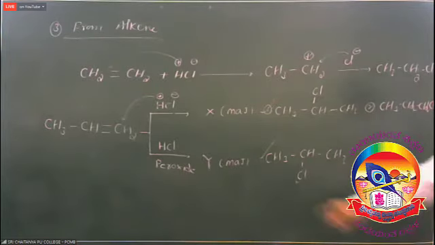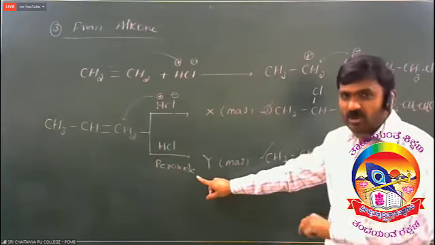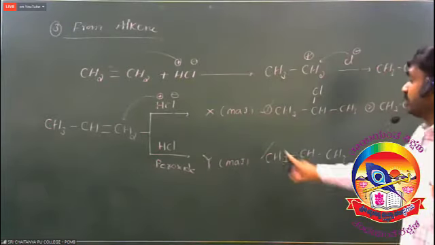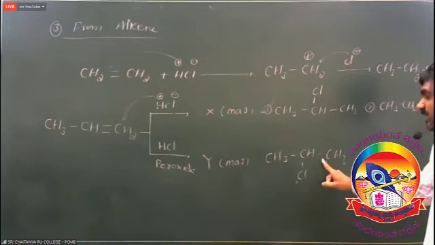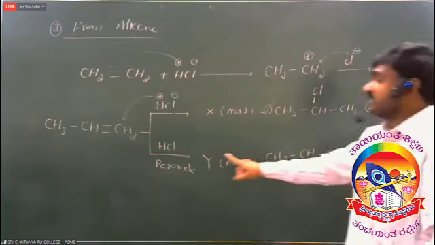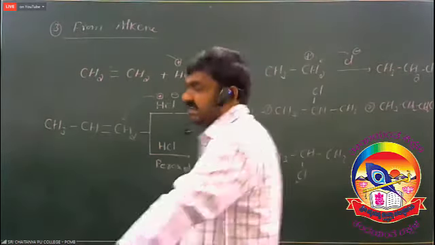Why? Peroxide means we should follow the anti-Markovnikov rule, but here the major product is 2-chloropropane. So why? It means the anti-Markovnikov rule is not applicable for HCl.